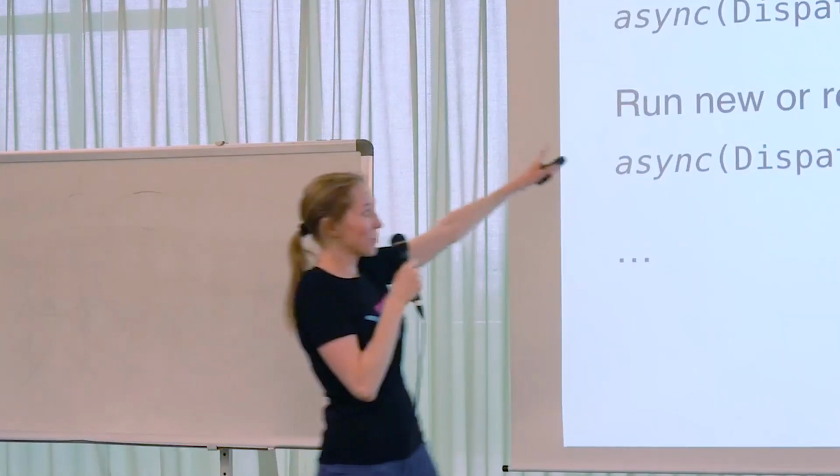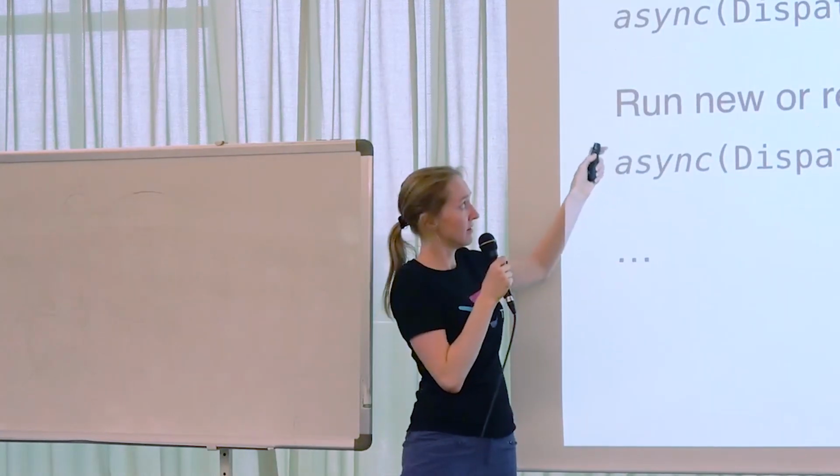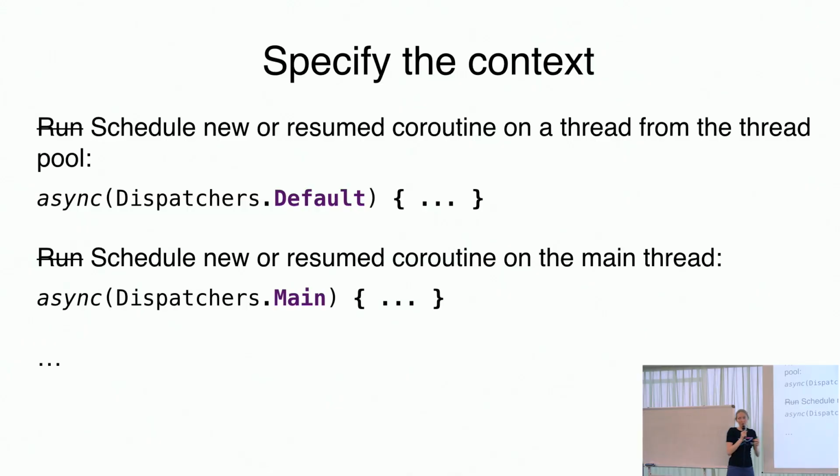The correct way to say here is not run, but schedule, because when you want to start a new coroutine, the main thread can be busy at the moment. So the coroutine automatically waits until the thread gets free, and after that it runs. So it's more correct to say schedule here.